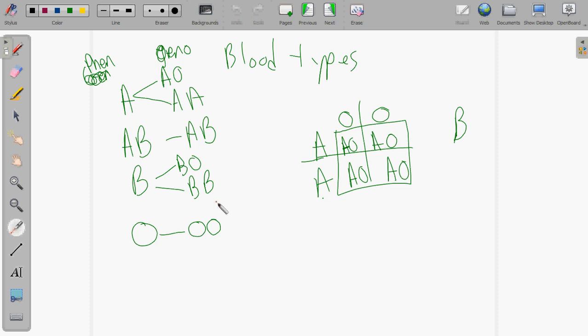The O gene, you don't make any antigens, A or B. A means you make A antigens. AB means that you have one gene to make A and one gene to make B. Type B, you're either BO or BB. And the only way you can be type O is if you have two genes for the recessive O trait. Okay?